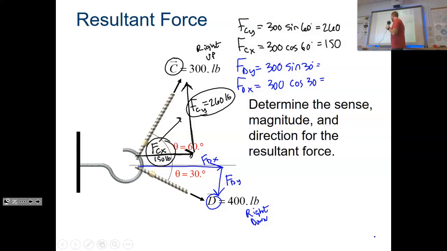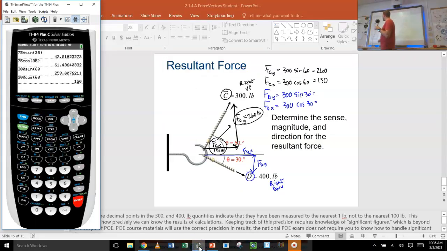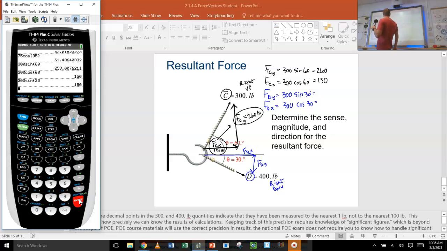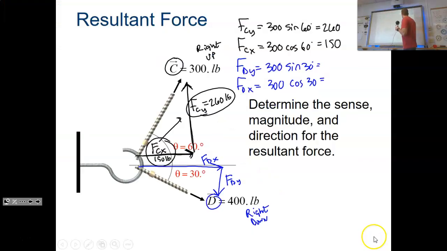So I'm going to go to my calculator, type those in, 300 sine 30, 300 cosine 30, so it's 150 pounds and 260 pounds. So the x is 260 and the y is 150.